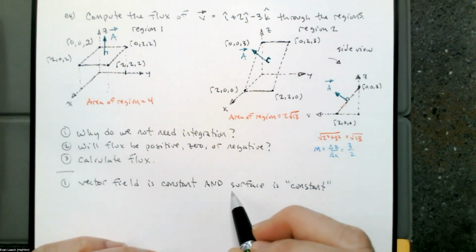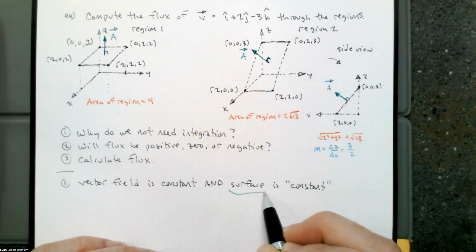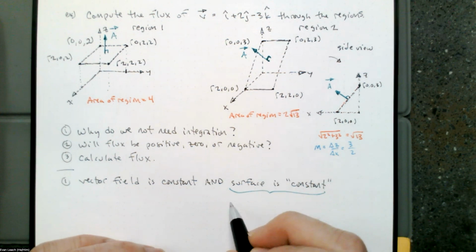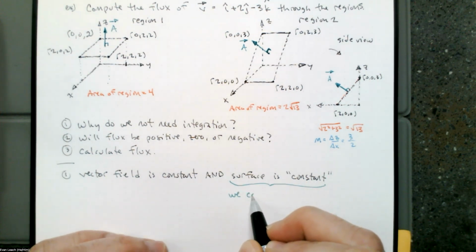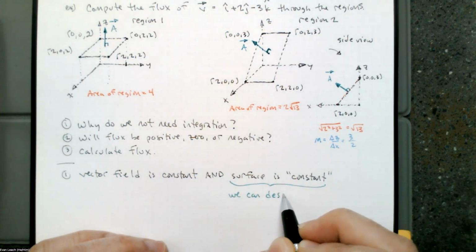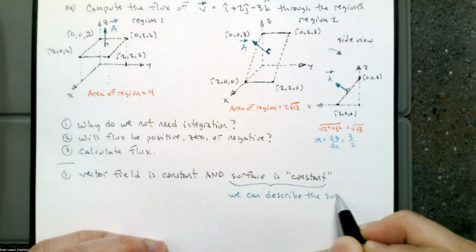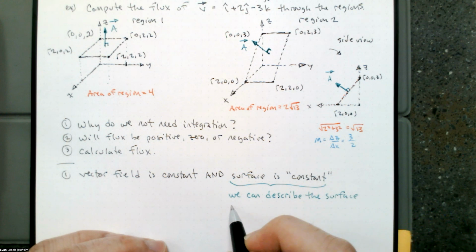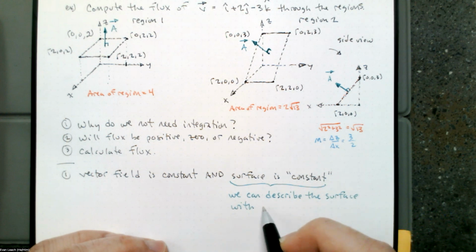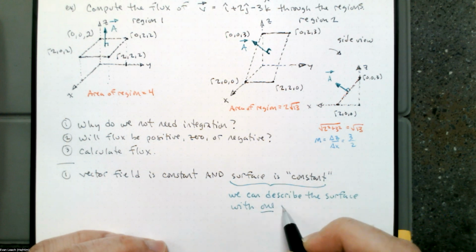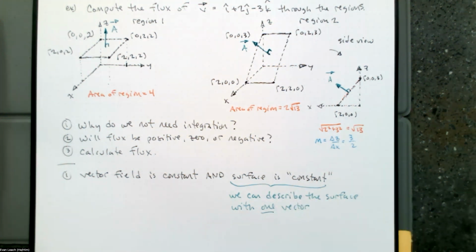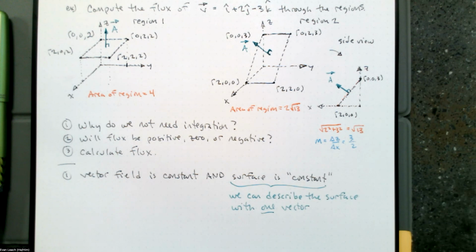We can describe the surface with one normal vector.